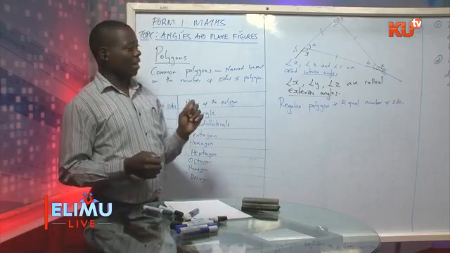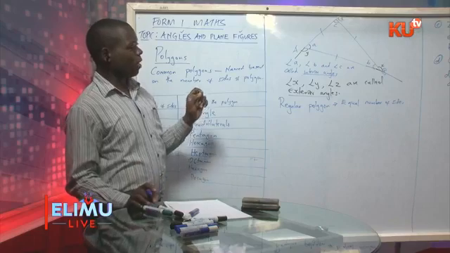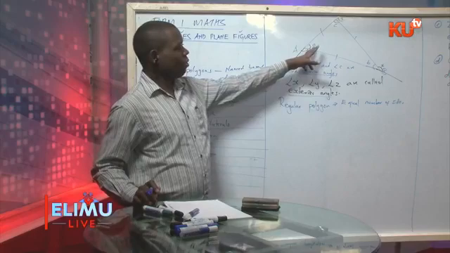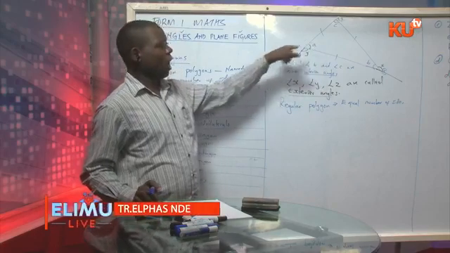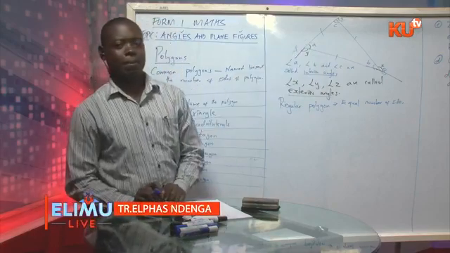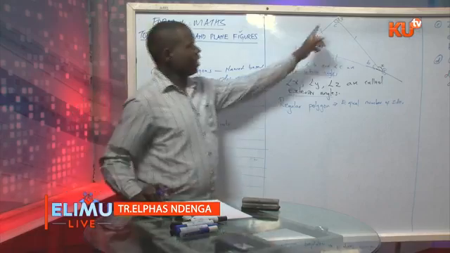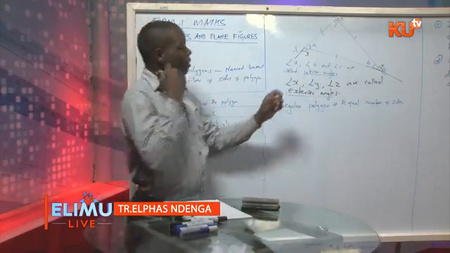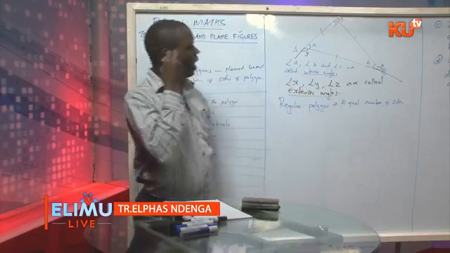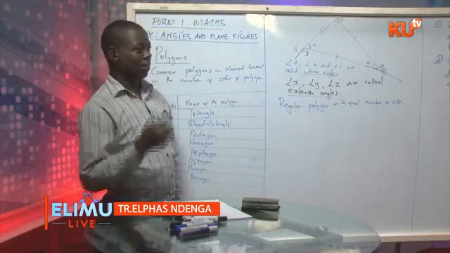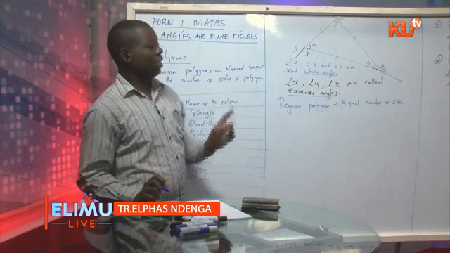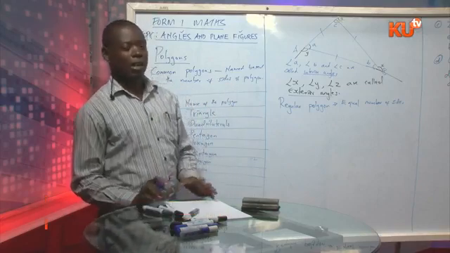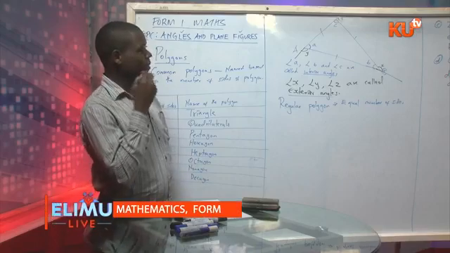Based on the earlier understanding of angles on a straight line, you will tell that angle A and Y are on a straight line. Angle C and Z are on a straight line. Angle B and X are again on a straight line. And if they are on a straight line, we said the sum of those angles is 180 degrees.